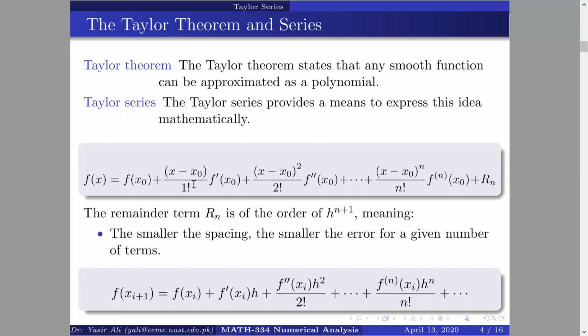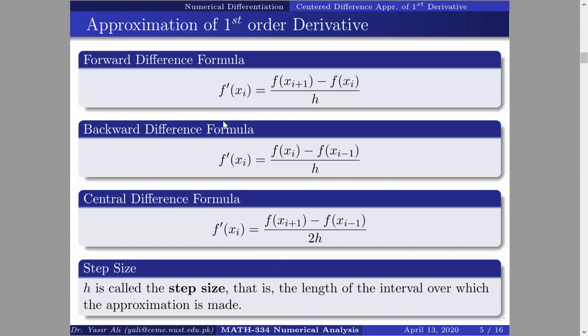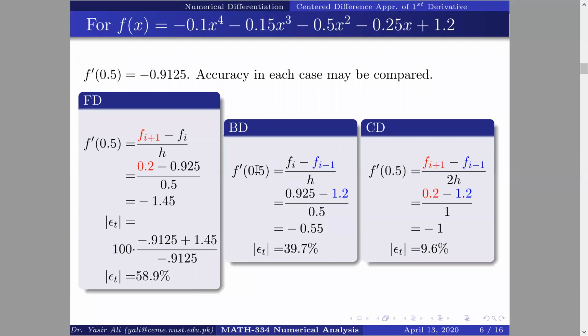And we have learned that if we have smaller spacing between x and x naught and more terms, then there will be a good approximation of the function. For simplification, we can write the above Taylor series in this form as well. And using this form, we developed the forward difference formula, the backward difference formula, and the central difference formula. Remember that h is the step size here. And we solved an example, and also computed the accuracy of these methods.